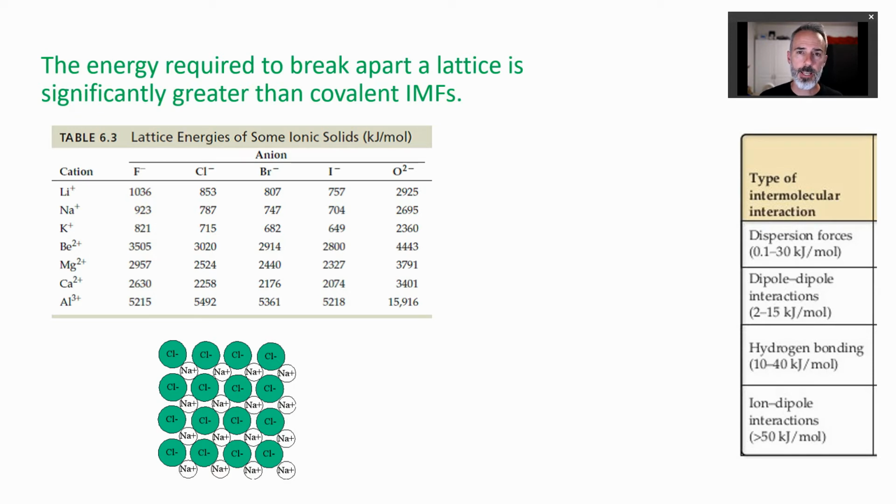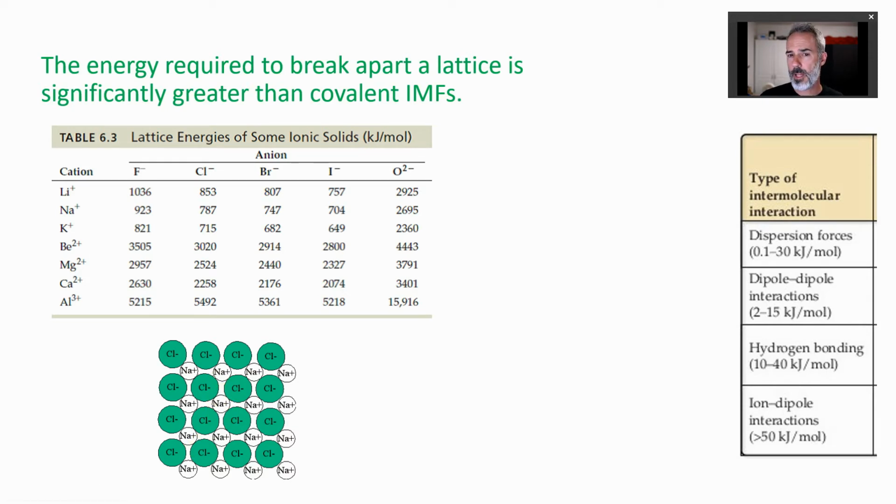And I think that makes sense because salts have very, very high melting points, right? I mean, think about water boils at 100 degrees Celsius. You can really separate those water molecules, but take some table salt and put it in a pan and turn your burner all the way up, and nothing will happen. They have very high melting points because the attractions between these ions are much stronger.